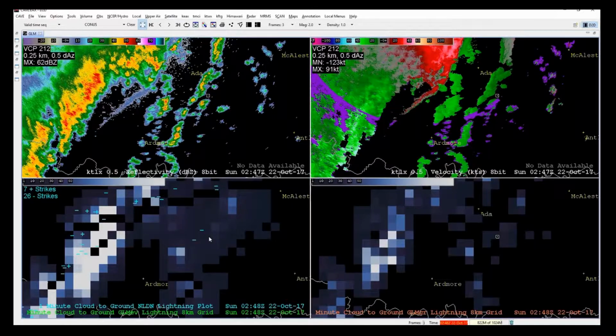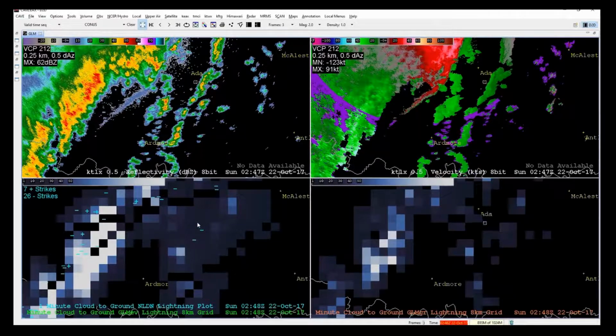And just so to be clear, NLDN cloud-to-grounds are on there because GLM cannot distinguish between in-cloud lightning and CGs. CGs are the things, that's the lightning that's dangerous, right? So you need to plot those along with GLM.